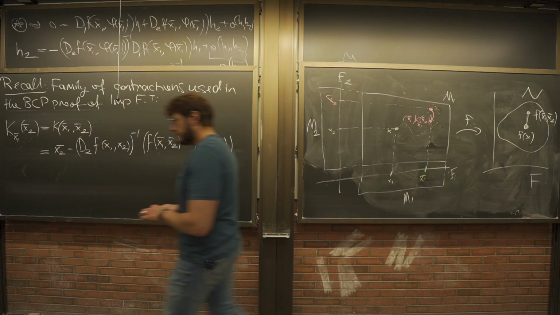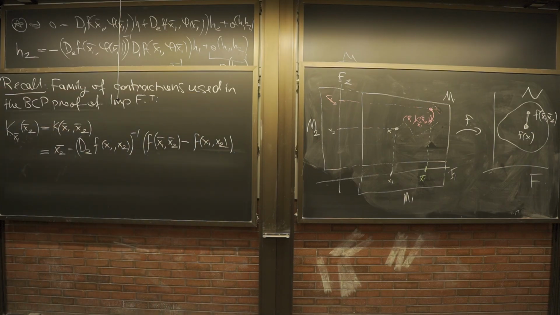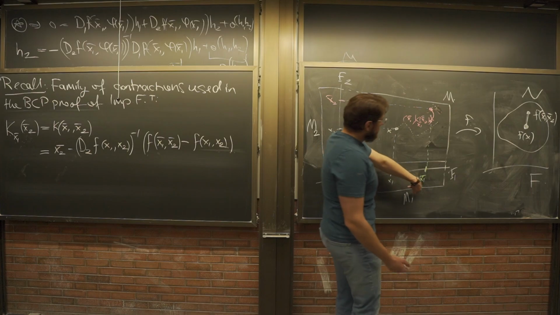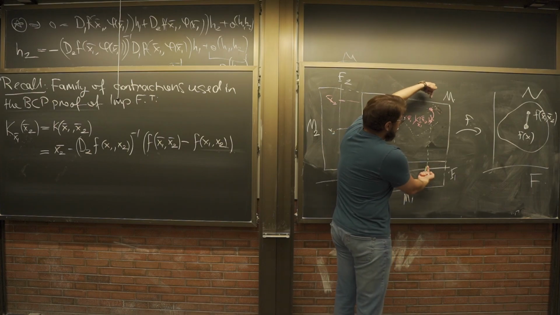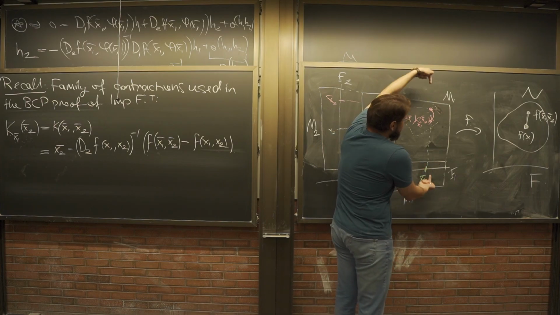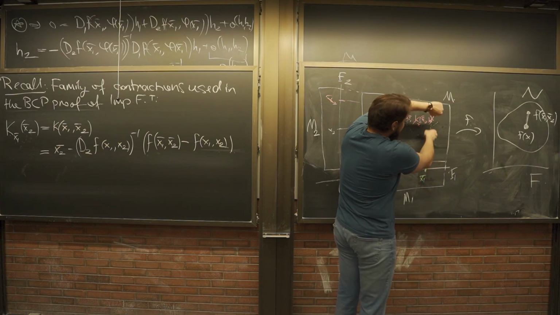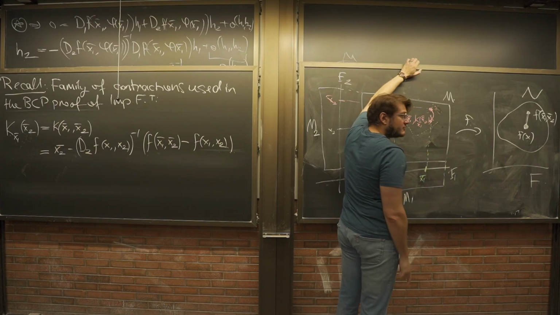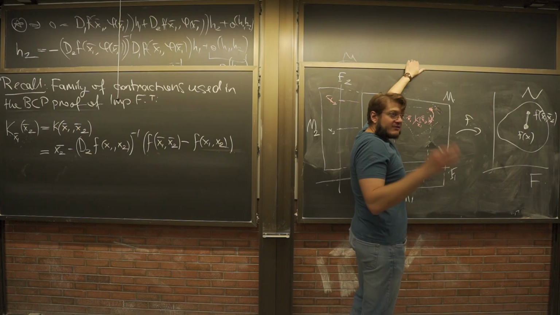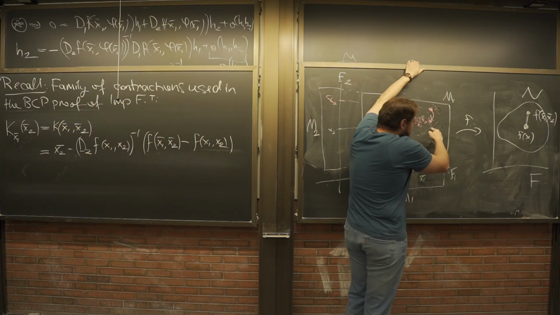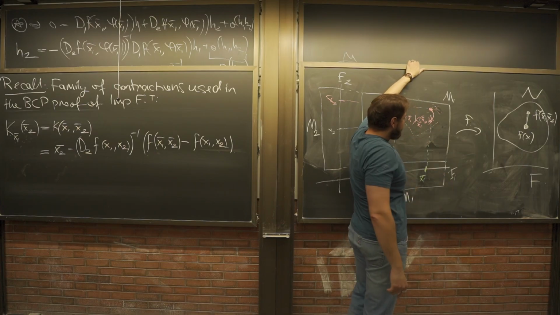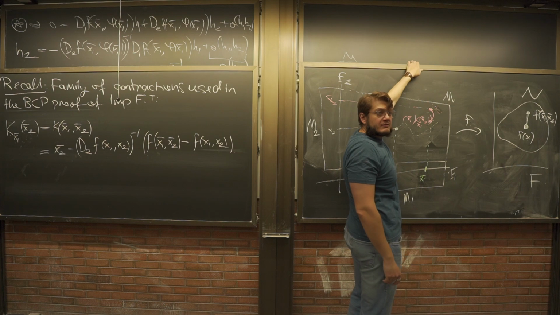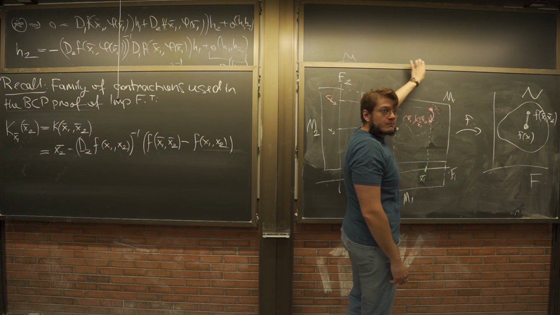Once you fix this x1 bar, K sub x1 bar is going to act as a contraction on this slice. It's going to contract everything to the correct point, and where it contracts everything to is where phi of x1 bar should be.